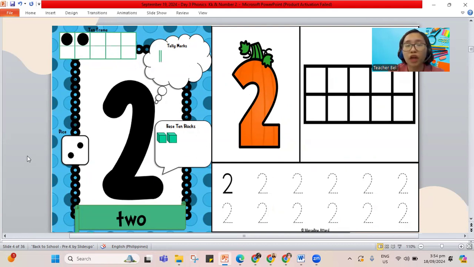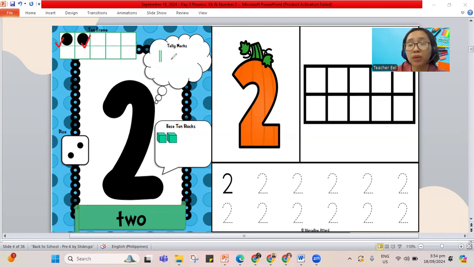Here we have our number friend, the number two friend. I have two fingers up in the air, and just like you, are you doing it with me? That's 1 and 2. What you see here on our screen are things that show number 2. There are two dots in the ten frame. 1, 2.